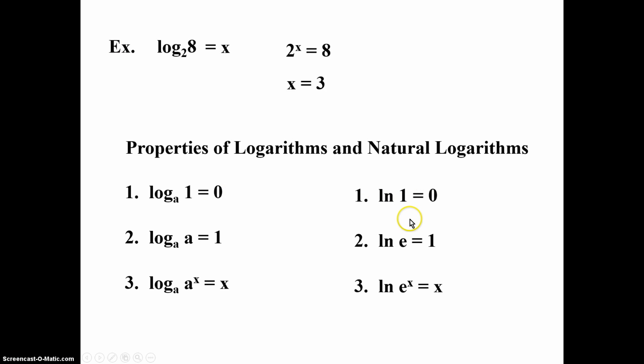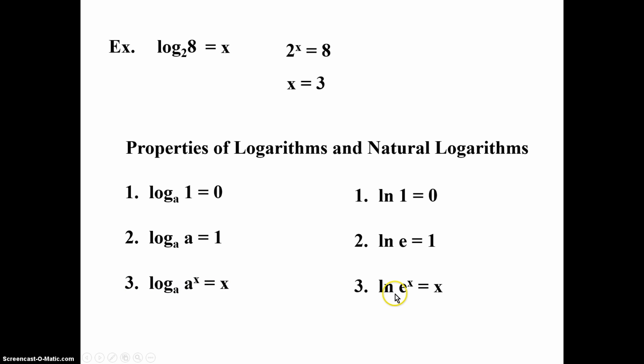Alright, so we have natural log of 1 is 0. Same thing with log. Log of 1 is 0. Natural log of e, even though you don't see an e right here, it's understood because we're talking about natural logs. So natural log of e is 1. And here, natural log of e to the x is equal to x. Very similar to the third property with regular logs.